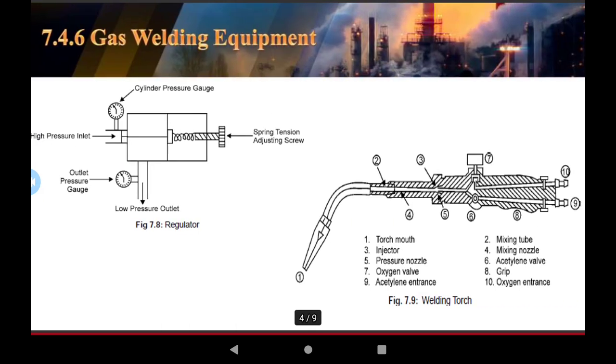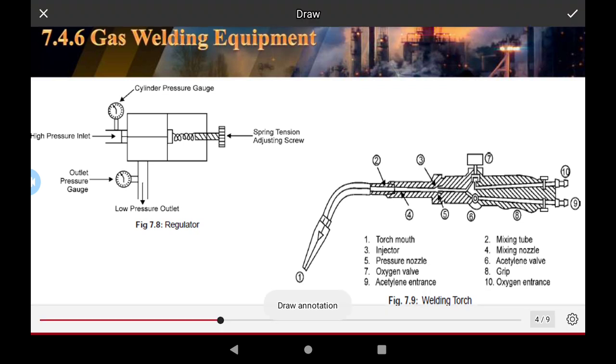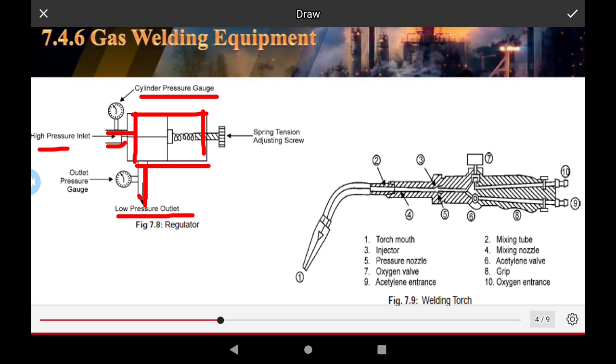The gas welding equipment: this is the regulator valve, and this is the low pressure outlet of gas. This is the cylinder pressure gauge, and this is the reading for the cylinder pressure gauge. This is the high pressure inlet.